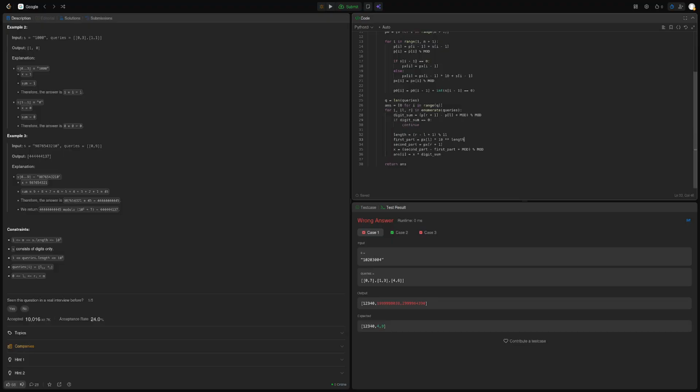Digits I will not skip, so let's print the length of the first part, second part.